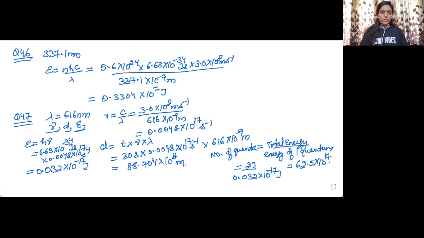Simple. Okay, so I'm just clearing the screen off. So question number 48, total energy has been given. We need to find out the number of photons. We have been given the wavelength. So E is equal to nhc upon lambda. We need to find out n. So n will be equal to E lambda upon hc.